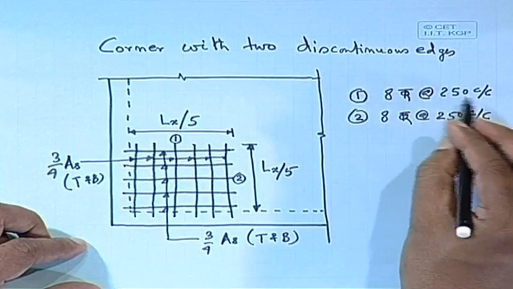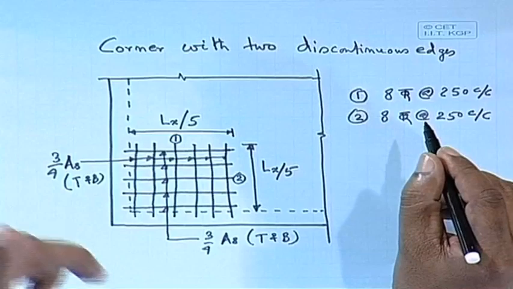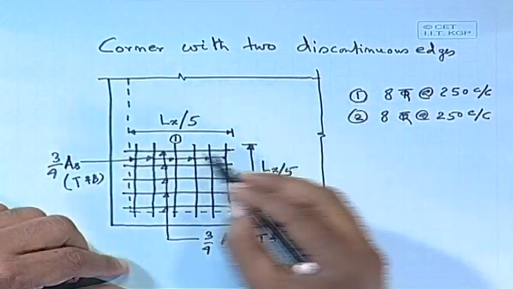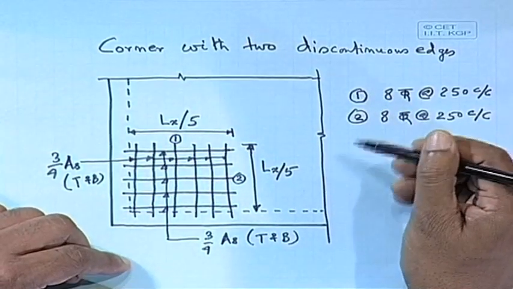Like that, number 2 also may be 8 torr at 250 center to center. If the spacing and the bar diameter are the same, then we can take it as the same type. That means I can simply say this is 1 as well as this is also 1, so we can reduce the number of bars.